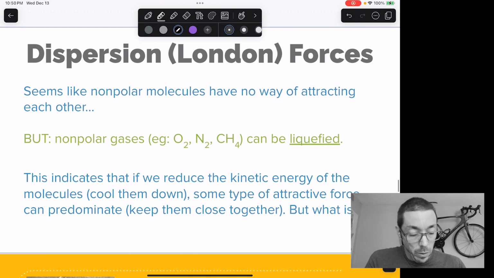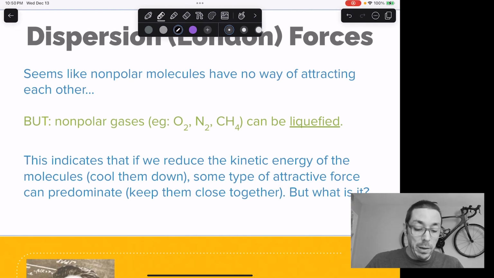So nonpolar molecules, it might seem that they have no way of attracting each other because they have no side of the molecule that's slightly positive and slightly negative. So how are they going to attract each other? Well, it is possible to turn those gases into liquid if we cool them down enough.